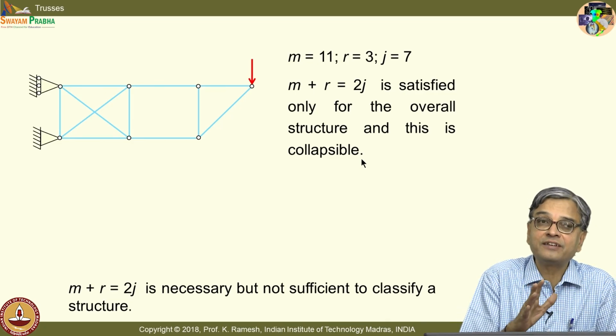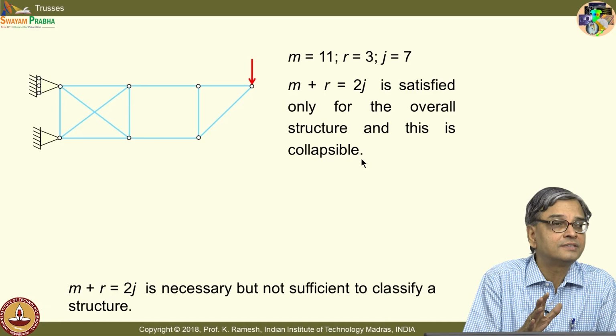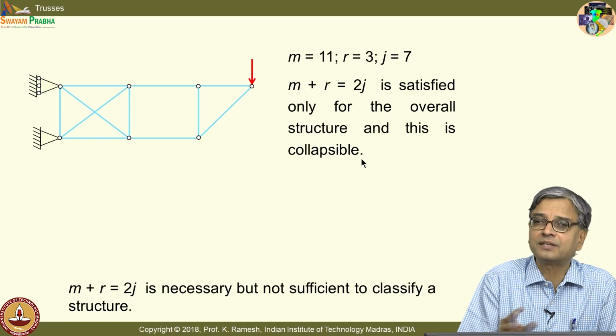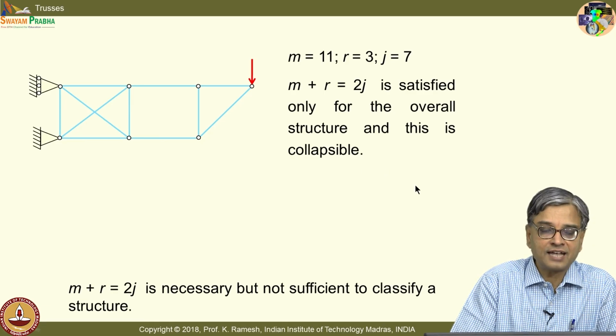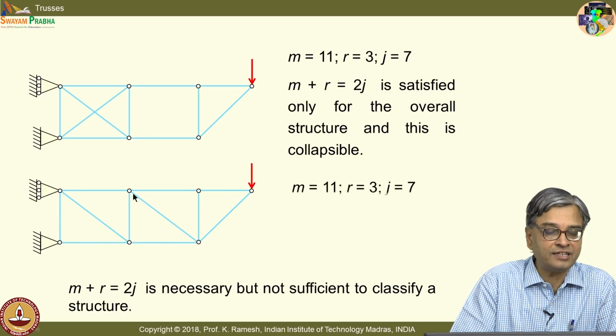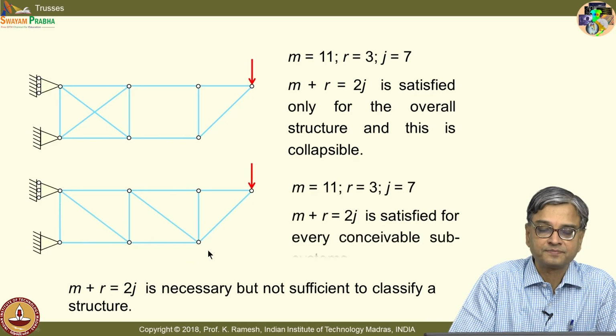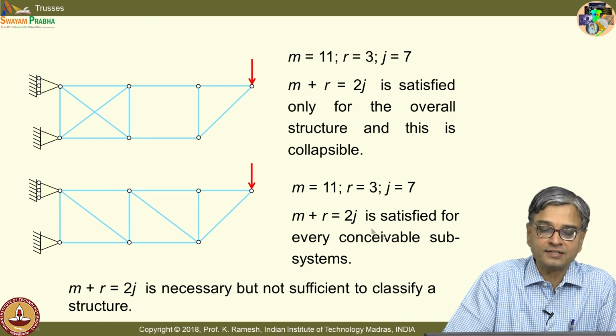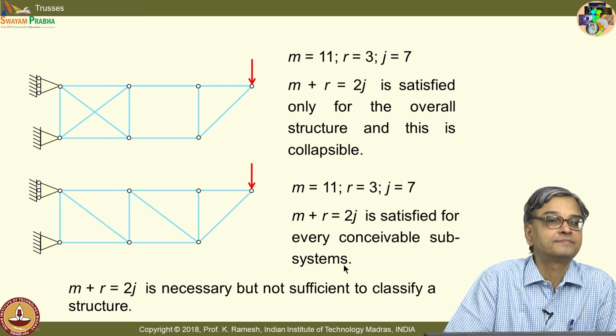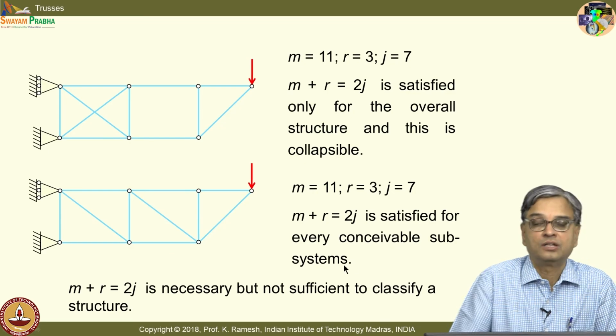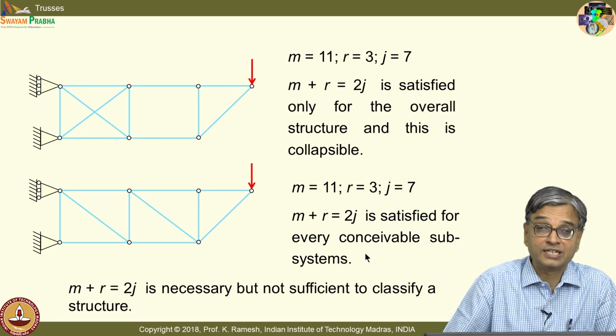Can this truss be stable? It cannot be stable unless I have the members arranged in this way. The truss will not be stable. So, what you will have to look at is whether m plus r equal to 2j is satisfied for every conceivable subsystem. So, it is very, very important.